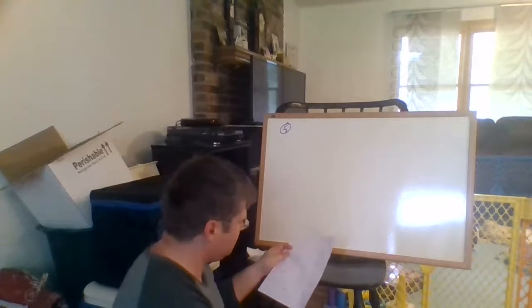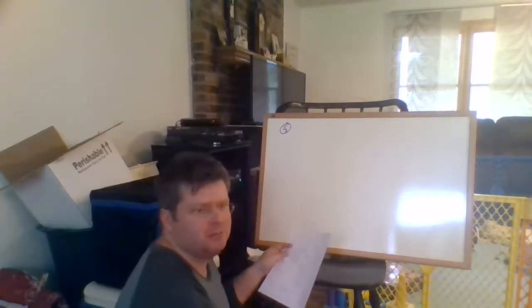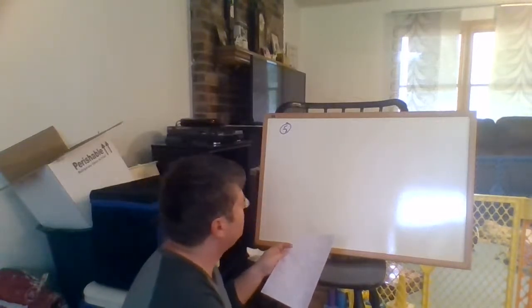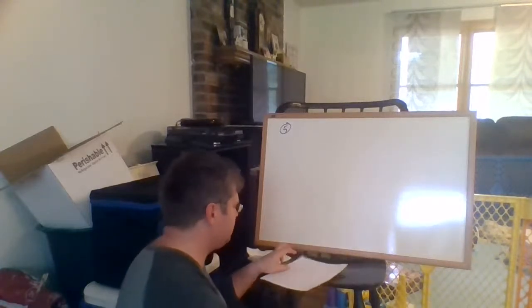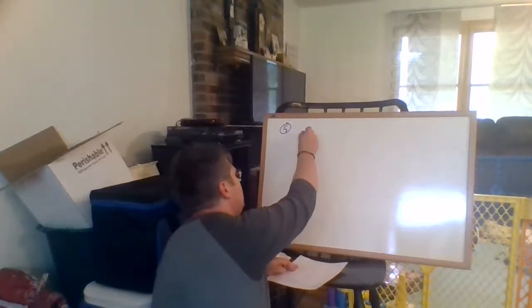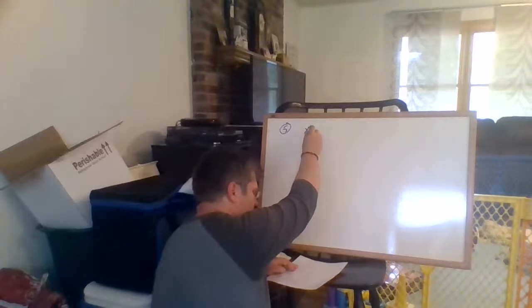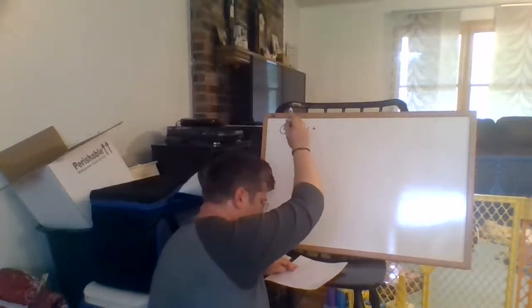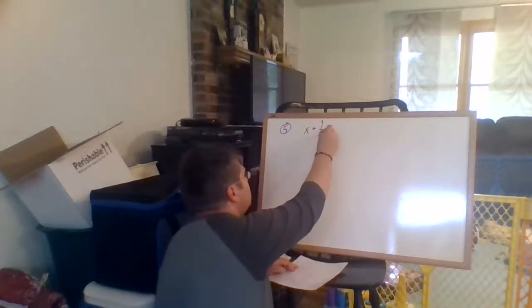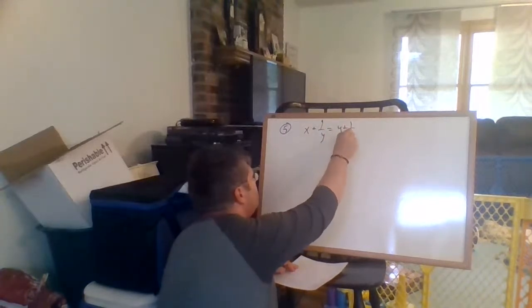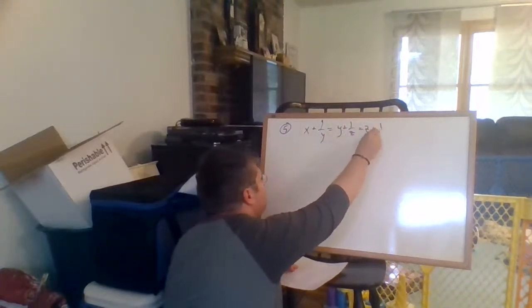Not a hard problem, but surprisingly many people screwed up with little details. So we are told that x plus 1 over y equals y plus 1 over z equals z plus 1 over x.